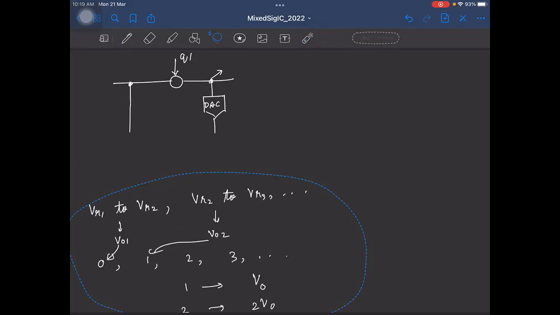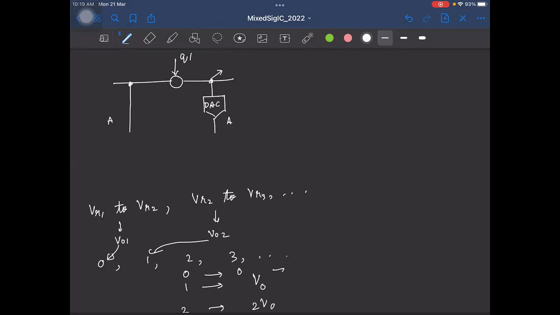So now this is an analog signal. You are saying that if my input is 0, then I will be assigning a particular voltage to it. One simple way is, let's say 0 volts. Of course, you can add an offset to this later.